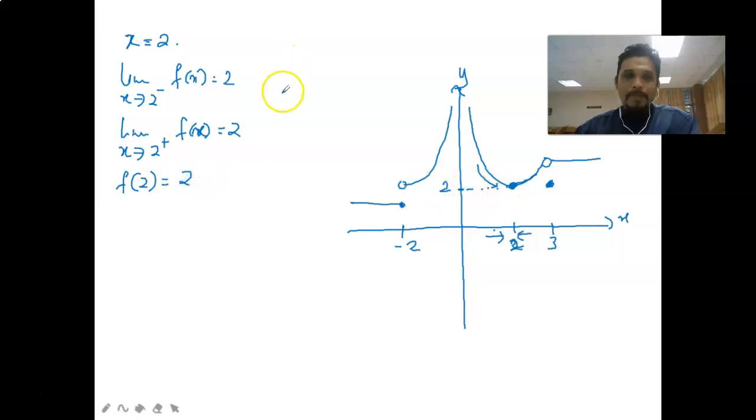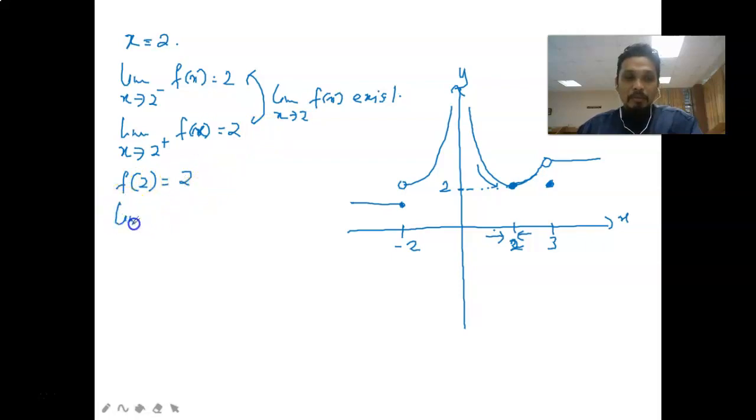For these we come to the conclusion that the limit as x approaches 2 of the function f(x) exists, and f(2) equals 2.